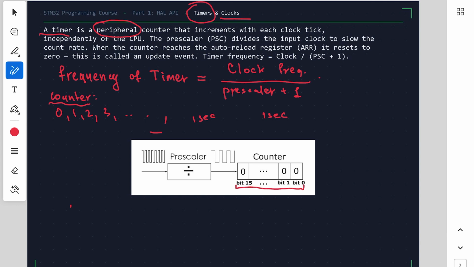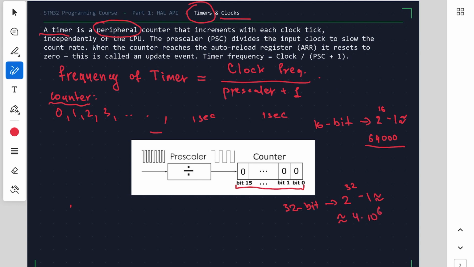So if we have a 16-bit counter, the maximum it can reach is 2 to the power of 16 minus 1, which is, I suppose, around 64,000. I don't remember the exact number, but it's around 64,000. But if we have a 32-bit counter, the limitation would be 2 to the power of 32 minus 1, which is, I think, if I'm not wrong, around 4 billion.